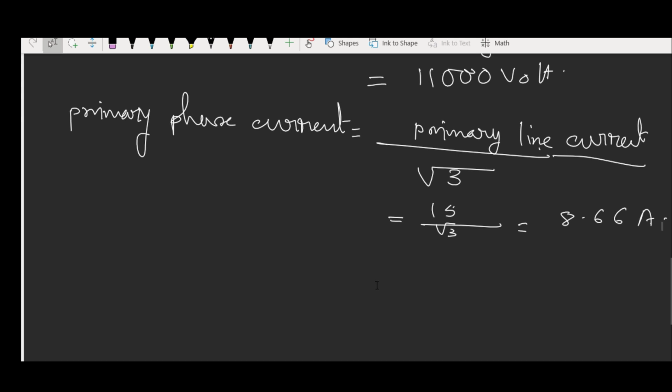So either way you will get the same answer. If you do 3 into 11,000 into 8.66, that would also give you 285,800.